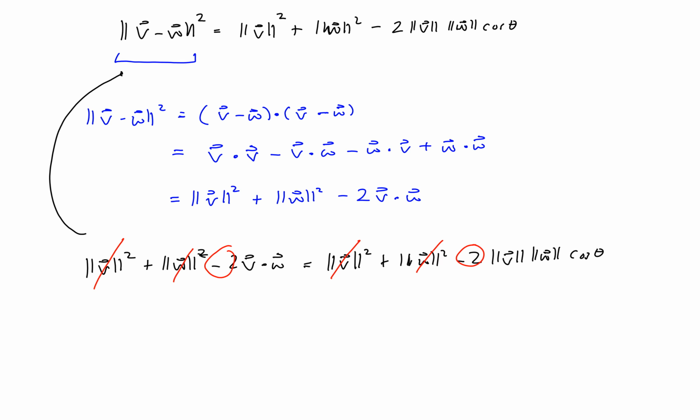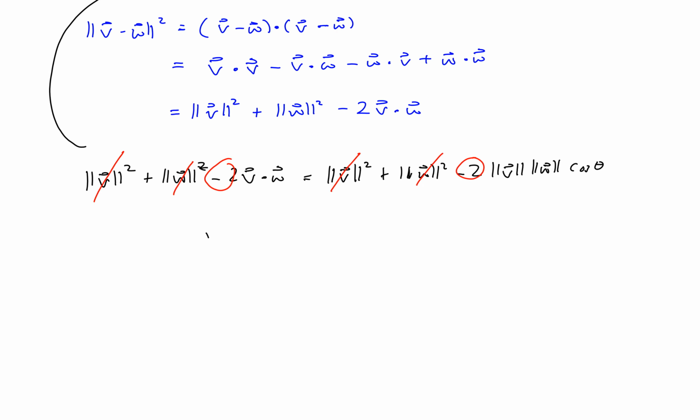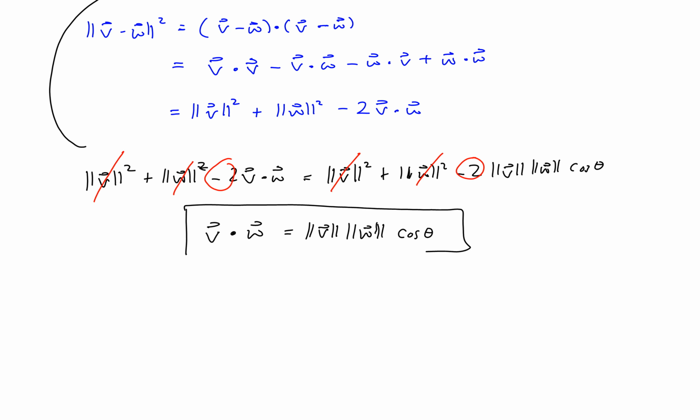And once I've done all that cancellation, what I'm left with is exactly what we were trying to show. V dot w is magnitude of v, magnitude of w, cosine theta. So not too hard to show if you remember the law of cosines. Of course, if you don't, then it's quite difficult, but now we have it so we can use it.